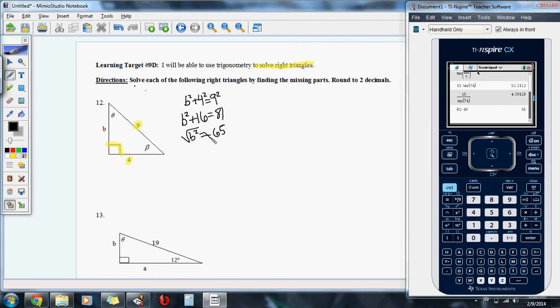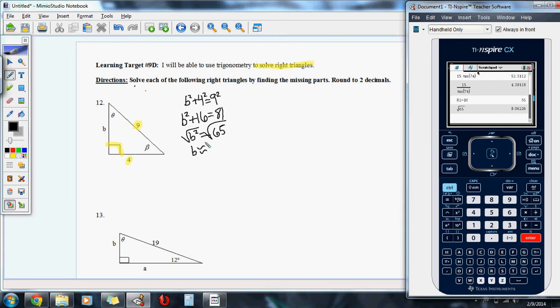Then I take the square root of both sides, so b is approximately, well, I really just wanted to show you how you can do square root of, if you hit control and then this negative one, you'll take the square root of your answer, so you can hit enter, and that actually comes out to 8.06 when we round here. So we should have no problem finding the third side of a right triangle when I'm given 2.